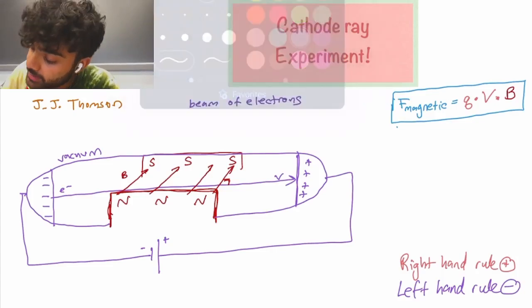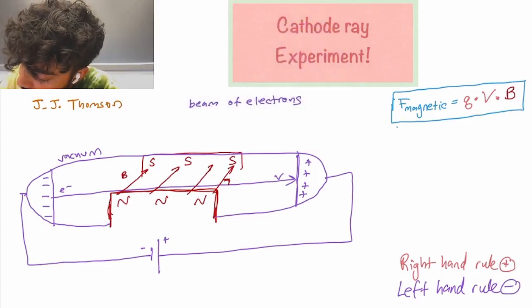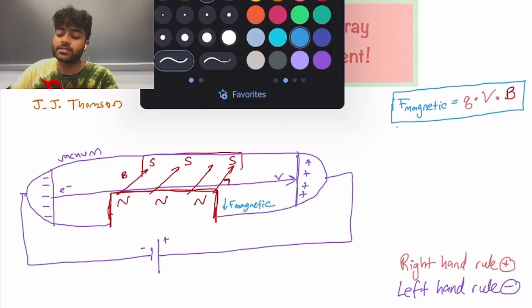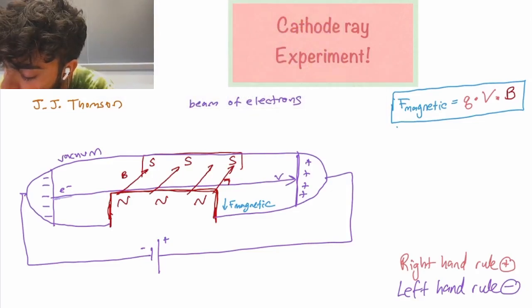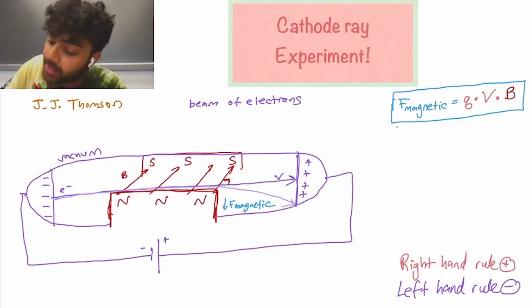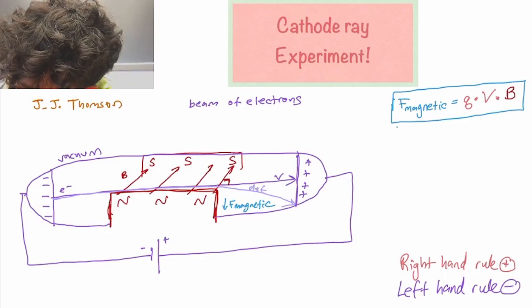So our F magnetic is going to be downwards. And now, because we have that F magnetic, our electrons, like our previous example, do not stay in this straight line. They start straight, and then they are deflected downwards. And so we have a deflection.